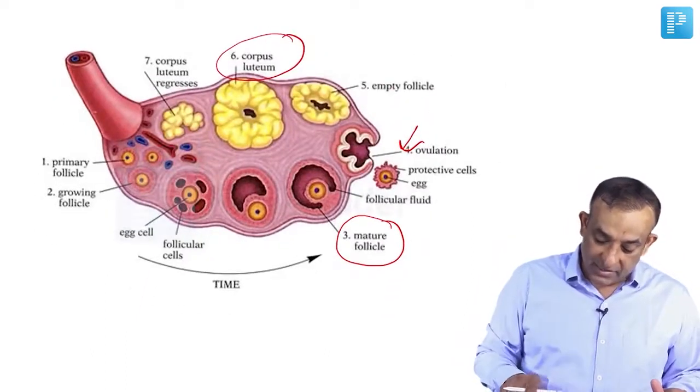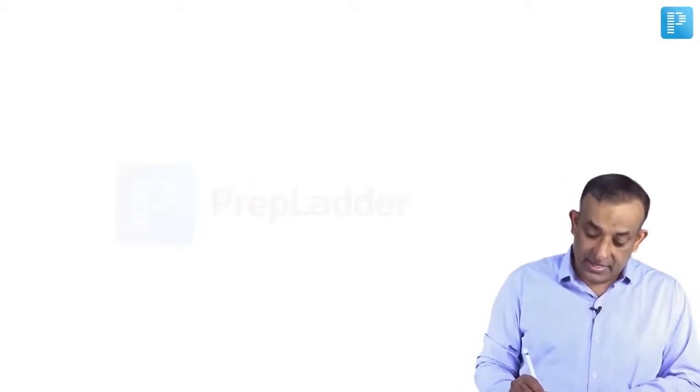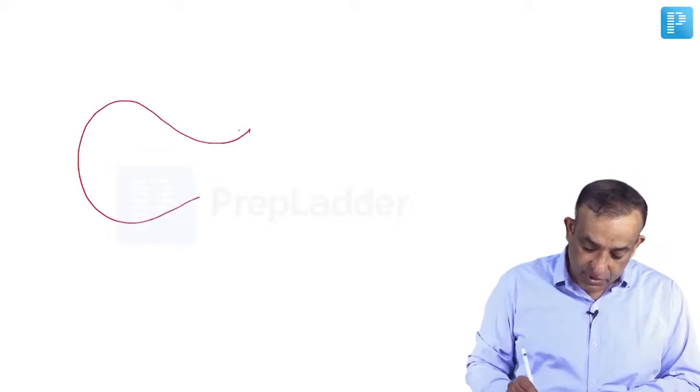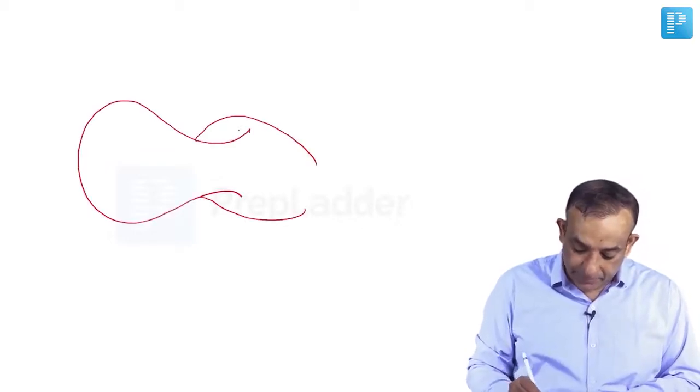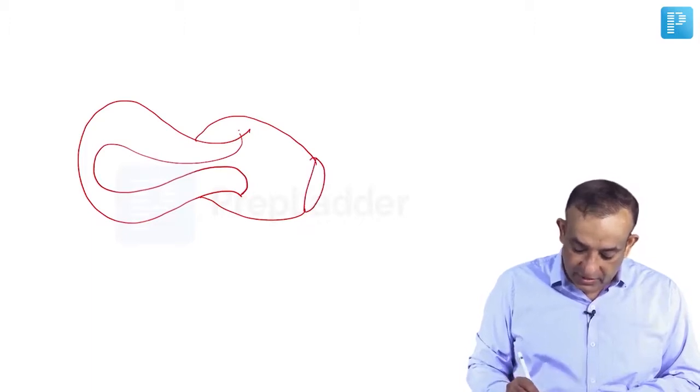So what happens after ovulation? Let's see. When the oocyte is fertilized after ovulation, where does it happen and how does it happen? Here we have the uterus, the vaginal opening, and this is the posterior fornix.